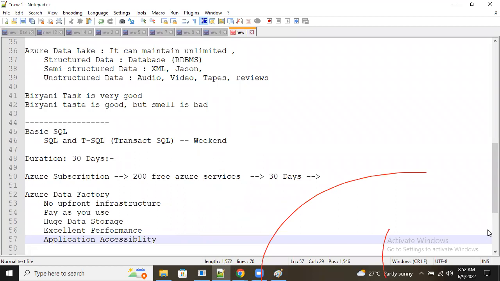Application accessibility. But if you have the application or a database on-premise, you need some accessibility. Web application requires the internet. Sir, I will explain all these things; I'm giving an overall introduction. These are all the major advantages of the Azure cloud platform.